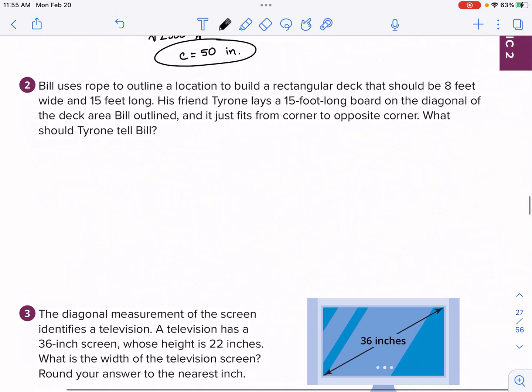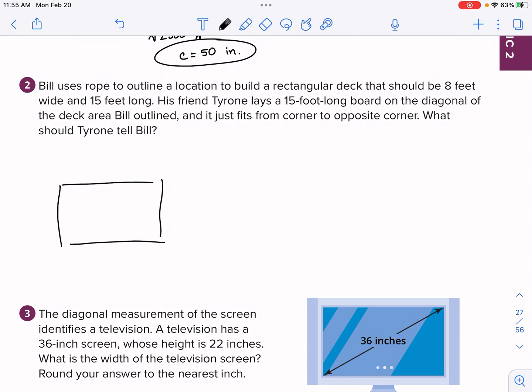So it said Bill uses rope to outline a location to build a rectangular deck. So when we do this, just draw a rectangle. It's not a square. If it were a square, it would have said square, but it said that should be 8 feet wide and 15 feet long. We're going to say this one is 8 because it's shorter, and this one is longer, so we'll put that as 15.